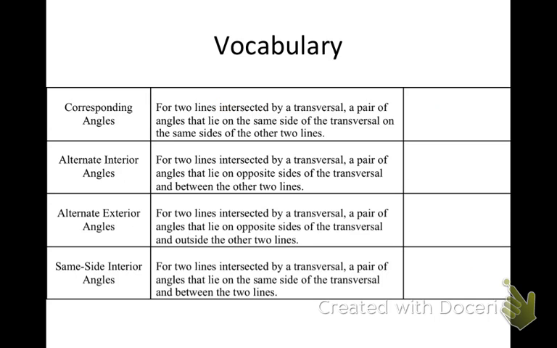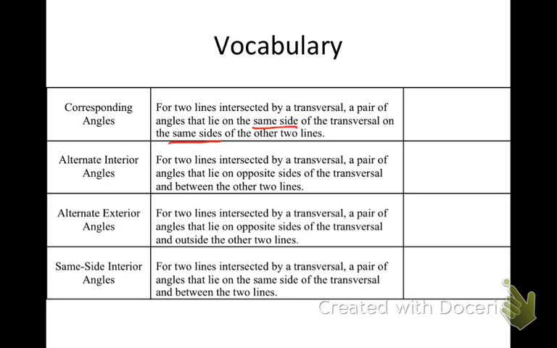Next, we're going to talk about corresponding angles. Corresponding angles for two lines intersected by a transversal. Corresponding angles are a pair of angles that lie on the same side of the transversal on the same sides of the other two lines. Now, if you look up, Quinn, point straight ahead, and then raise your arm way up high.